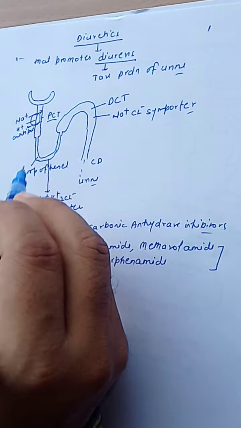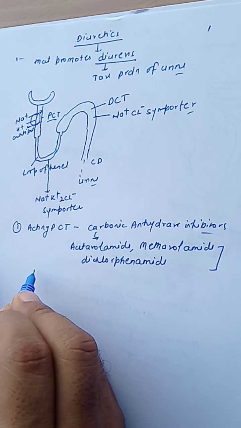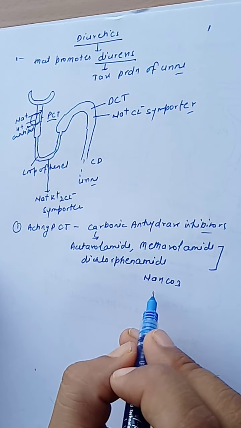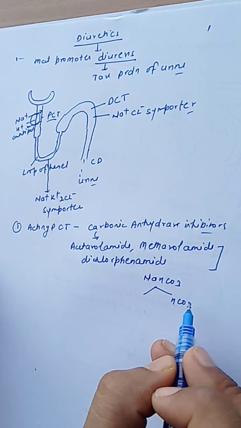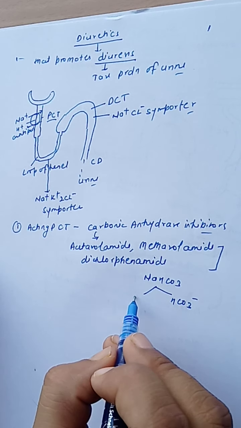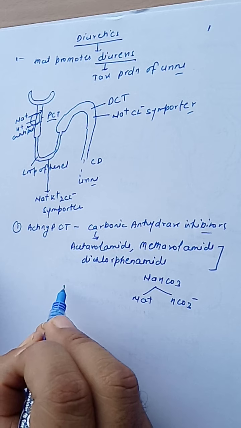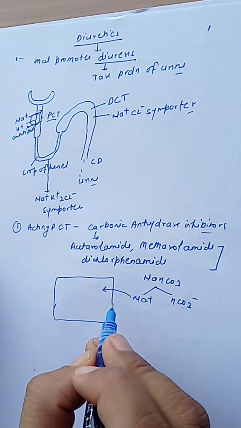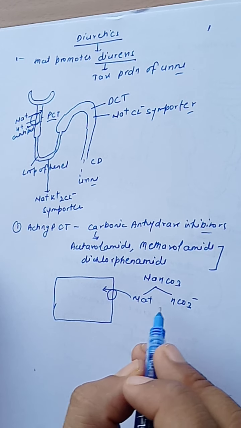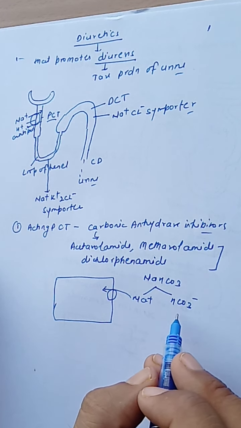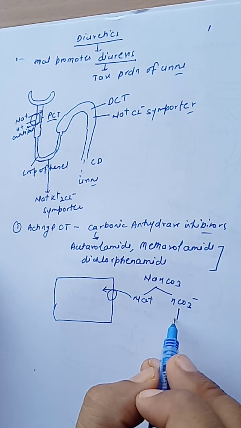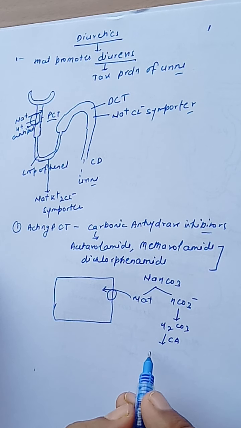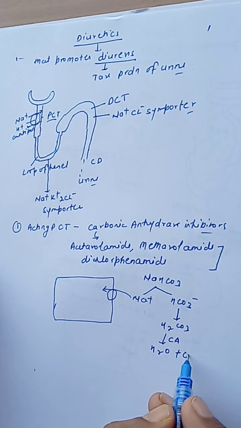In the luminal part, if you see closely, there is sodium bicarbonate. This bicarbonate will form, and the sodium will be transported through channels. These bicarbonates with hydrogen ions form H2CO3, and then the carbonic anhydrase enzyme converts it into H2O plus CO2.